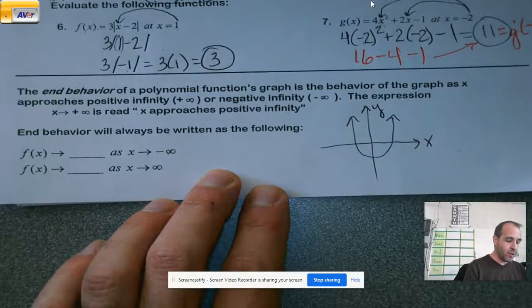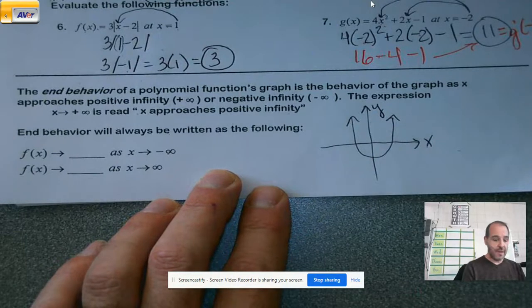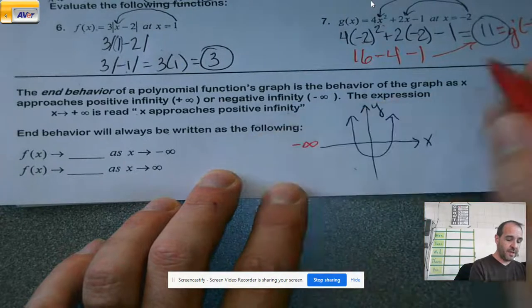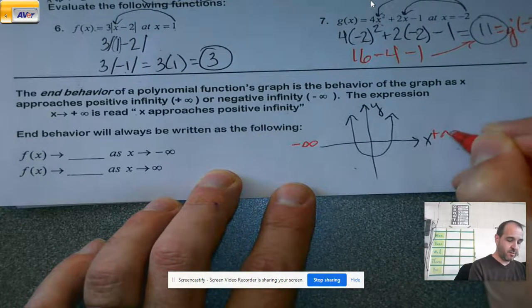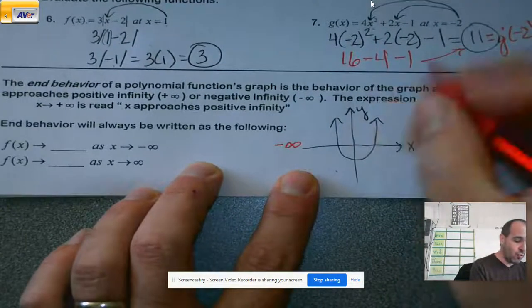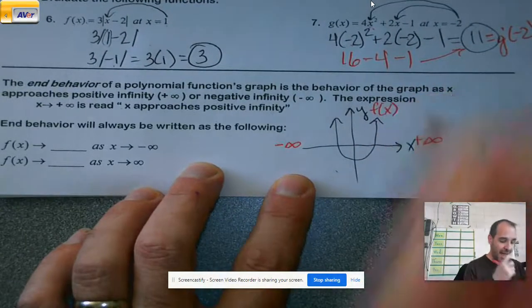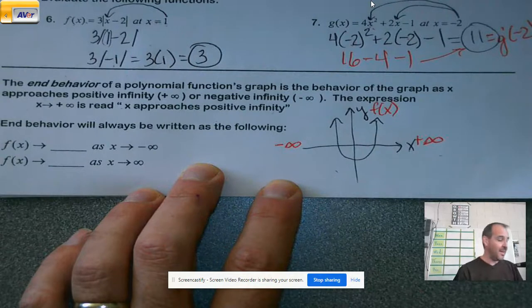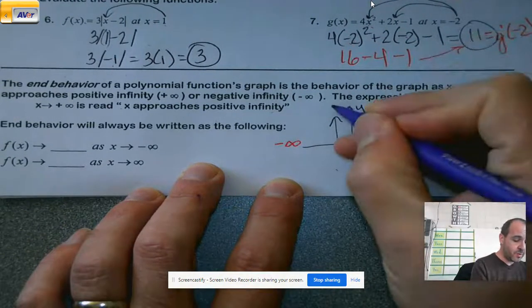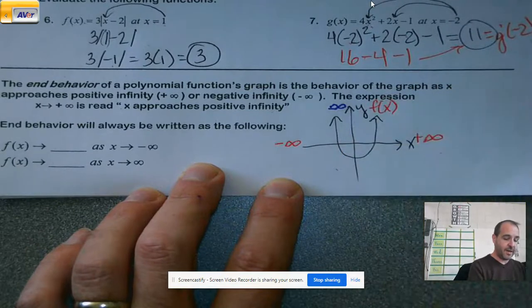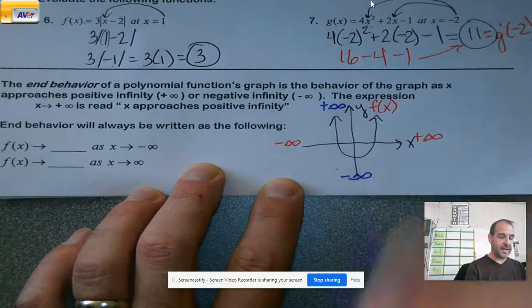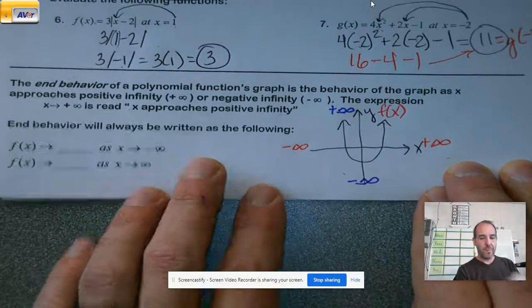As x goes from negative infinity, numbers get more negative as you go to the left, to positive infinity, as I go to the right, what's happening to y? What's happening to f of x? Is it going up to positive infinity, or is it going down to negative infinity?